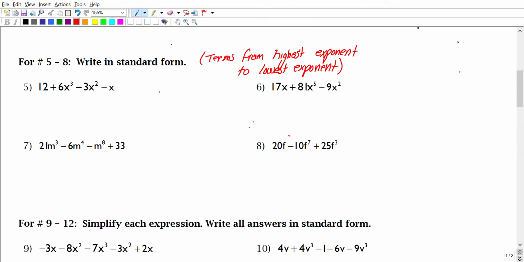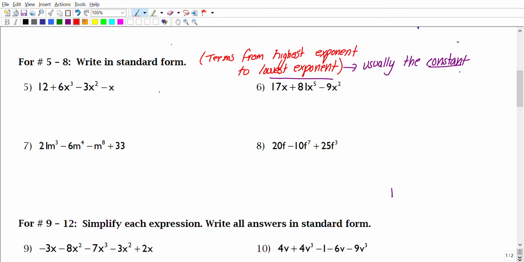The reason I wanted to rewrite it like that is because, as we talked about yesterday, usually the lowest exponent here is the constant, which is another word we talked about yesterday. We're going to recap exactly what that means in a second.